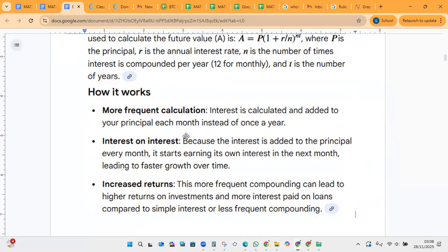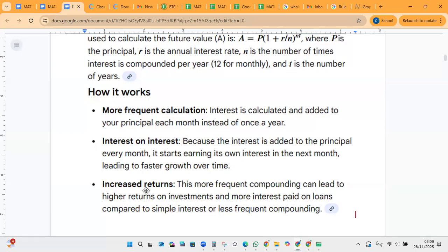So you start with a principal amount, interest is added after a month, and now the interest is calculated on that new value, not the original principal. The first interest was added, then the second interest is taken on that new greater value, so it starts earning its own interest in the next month, leading to faster growth over time.